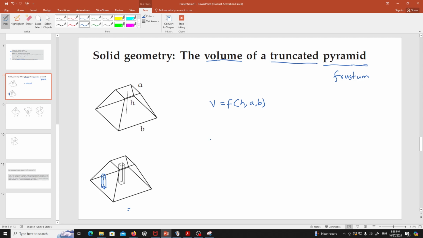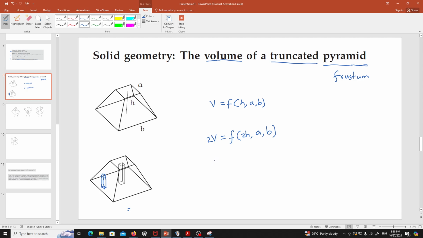Okay, so from this what we can say is f of 2h comma a comma b is actually equal to 2v. Okay, so from this what we can say is the volume is proportional to height.